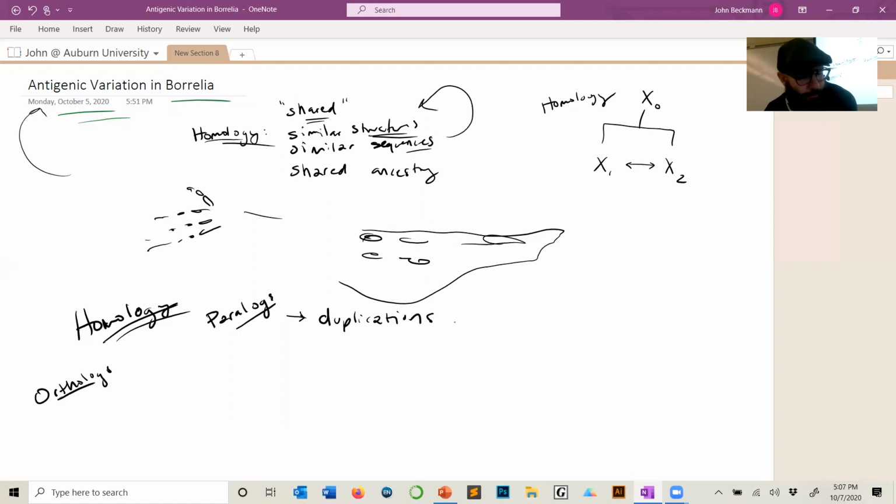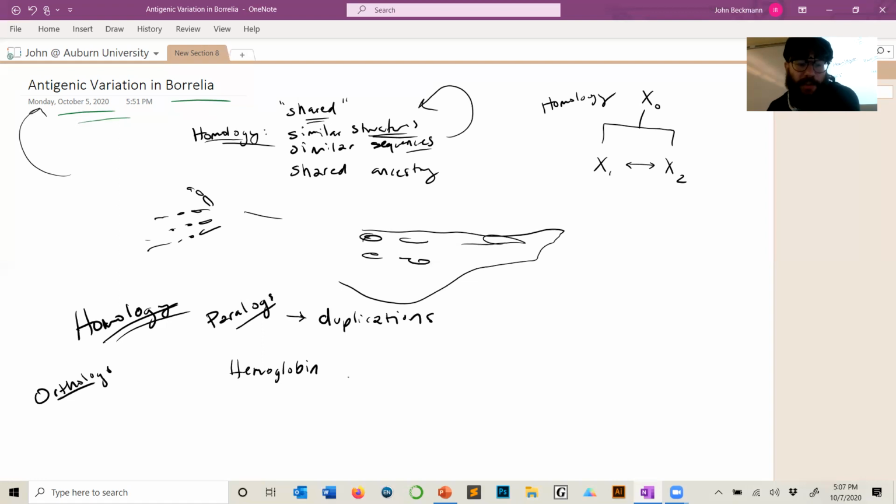So the classical example that I always use is a gene of vertebrates: hemoglobin. What does hemoglobin do? Hemoglobin is a protein that binds iron, and the iron carries oxygen, and it's the protein that carries the oxygen in your blood.